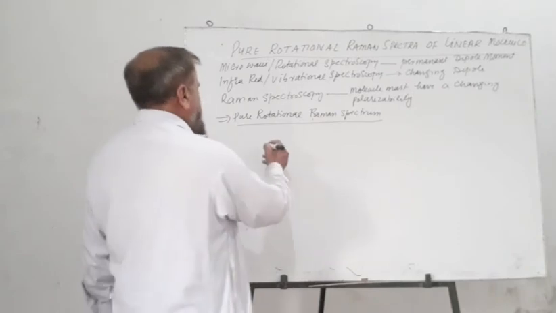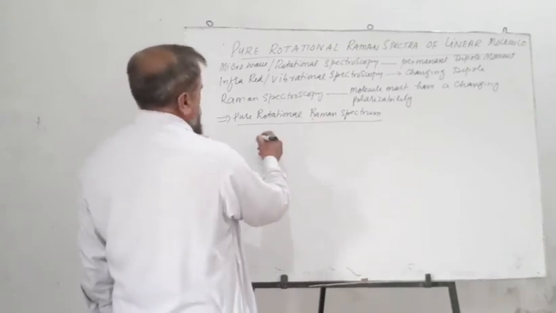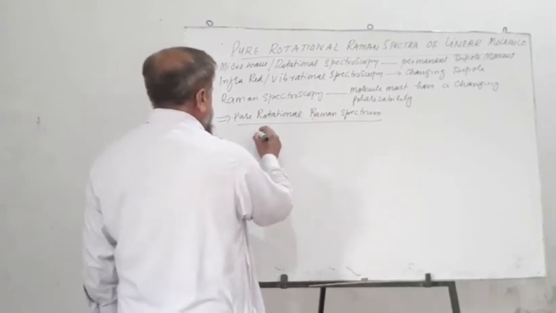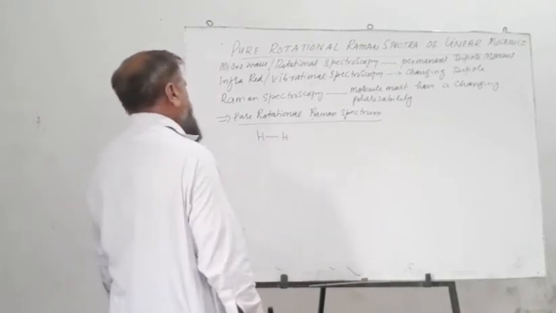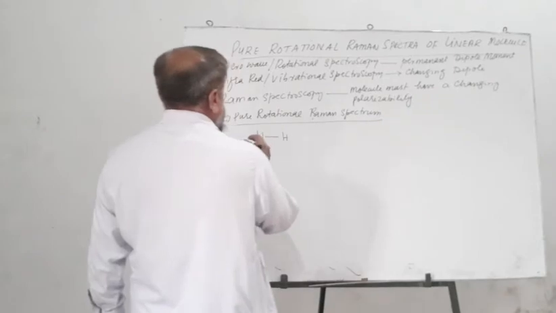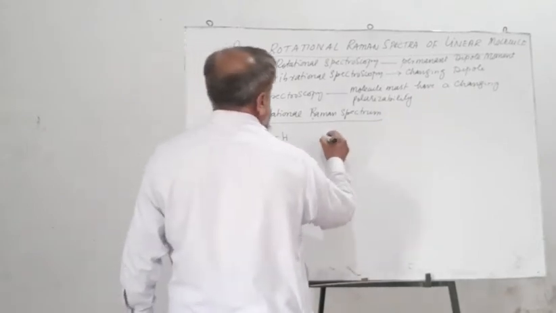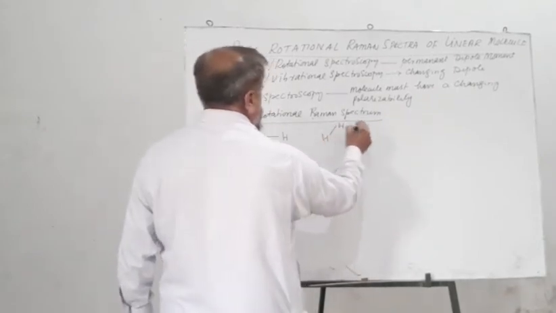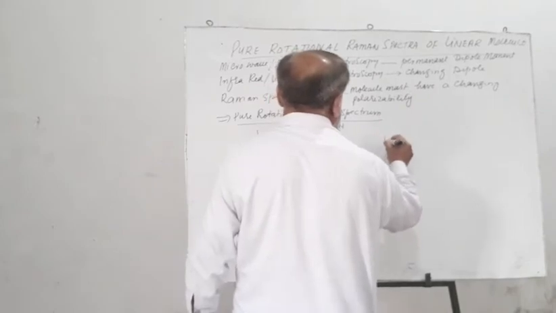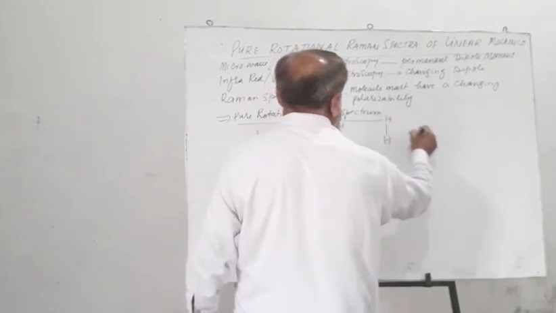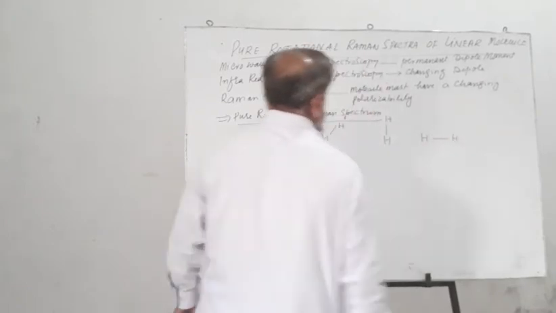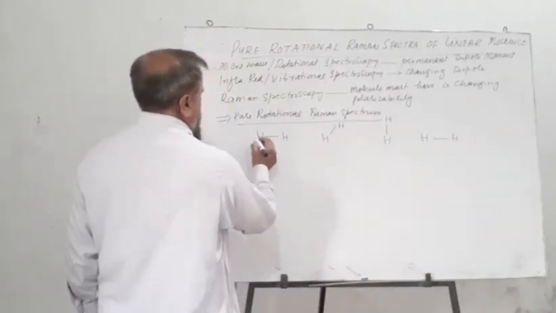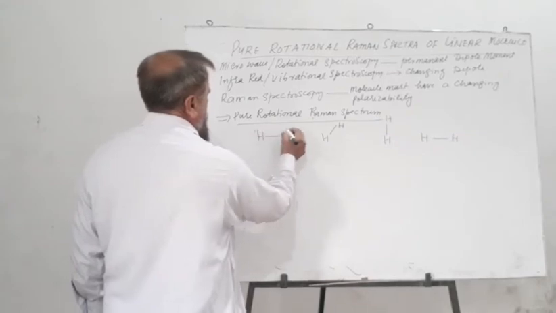Now, if we consider such a molecule, a diatomic linear molecule like H2, and it is rotating, to differentiate, we consider it as H1 and H2.